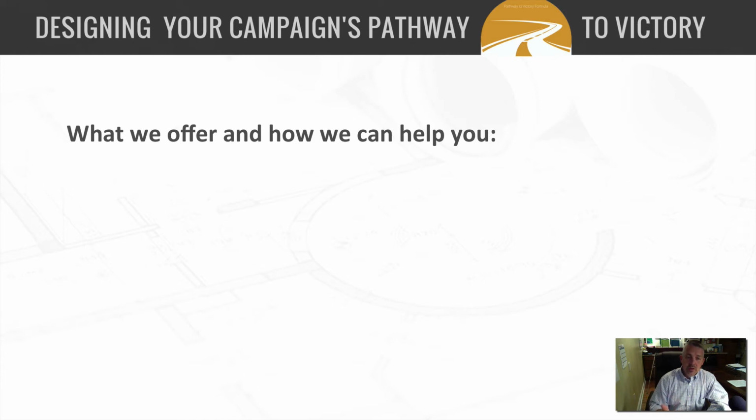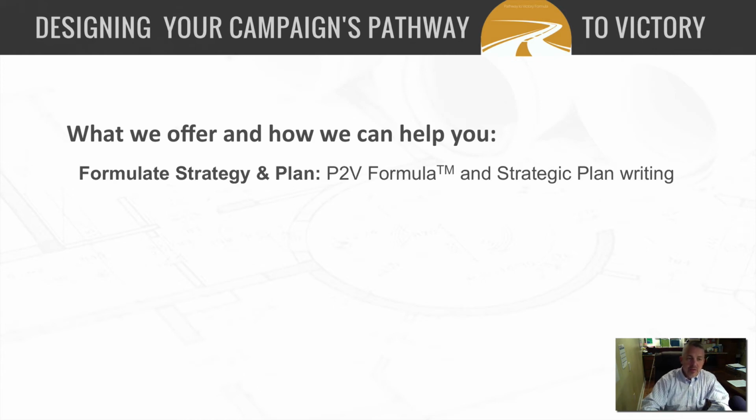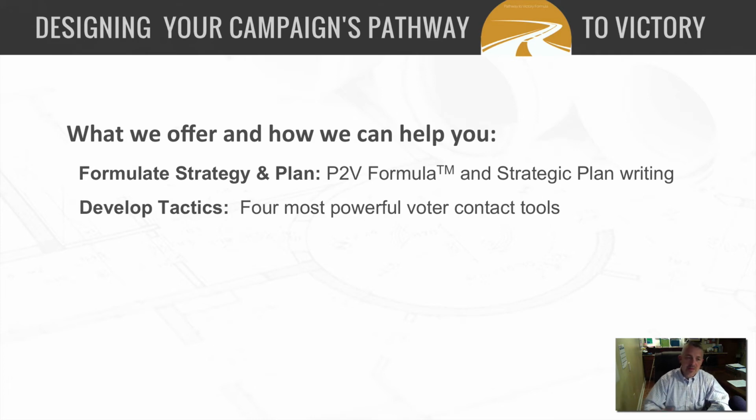So let's talk a little bit about voter contact solutions and what we offer and how we can help you. First of all, we will help you formulate a strategy and a plan. We use the Pathway to Victory formula. We can help you put that plan in writing. And then the second thing that we can do is help you develop the tactics. So we talked about those voter contact tools a minute ago.